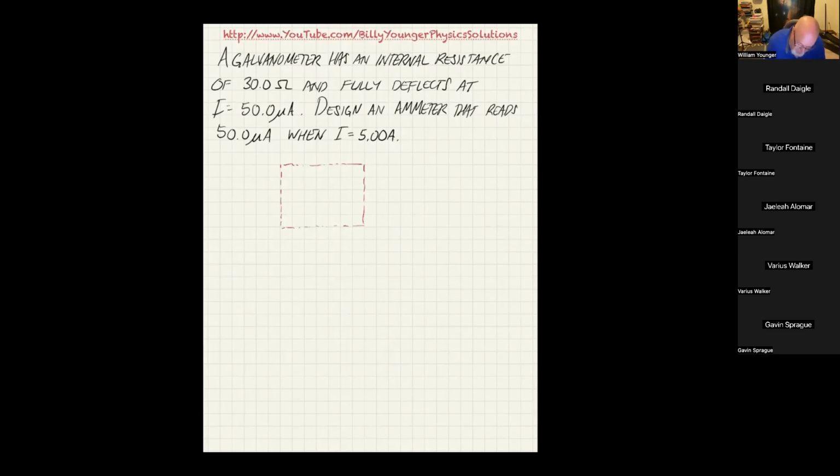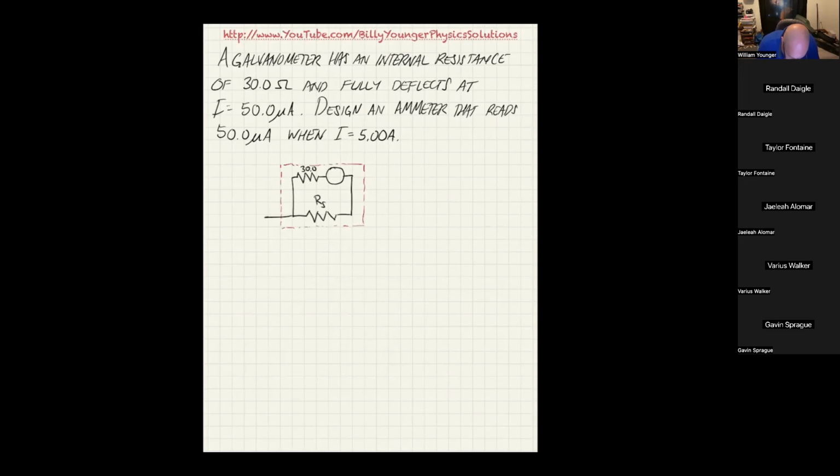So that's another example. This red thing here is going to represent the ammeter, and what we're going to do is put the galvanometer, which includes a little resistance like this, which in this case is 30.0 ohms, and that's in with the galvanometer right here, and all of this is going to be in parallel with a shunt resistance, or shunt.